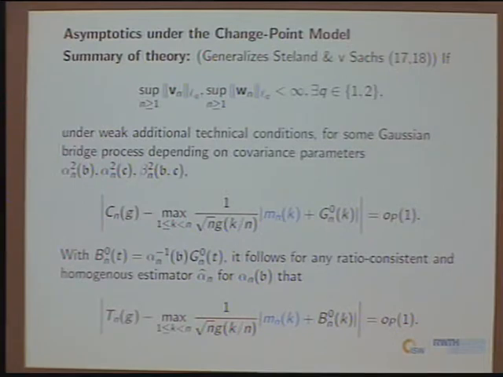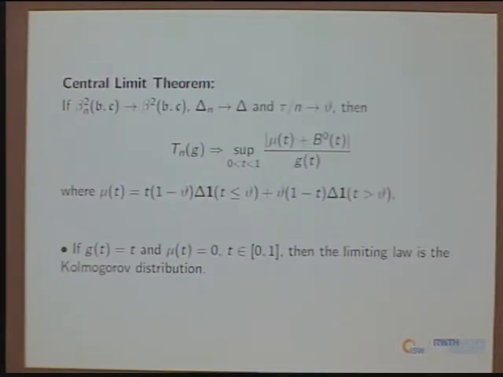Then if we standardize the Gn with the right asymptotic variance, then it follows that for any ratio consistent and homogeneous estimator of the asymptotic variance, we get this approximation in little op of 1 of the statistics we really use if we do statistics.